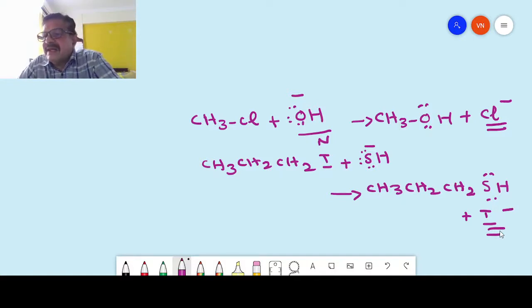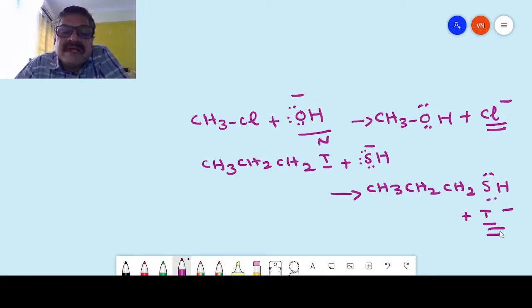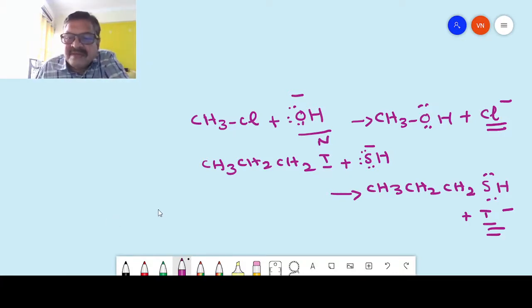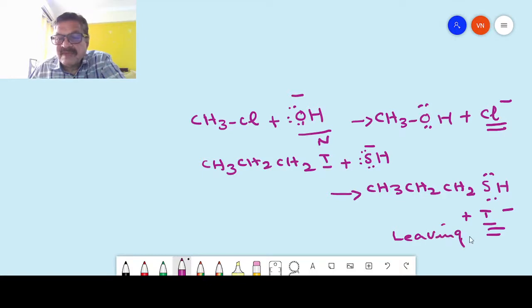Like this, we can have nucleophiles, alkyl halides, a leaving group, and an alkyl group. Here Cl minus and I minus are all leaving groups.